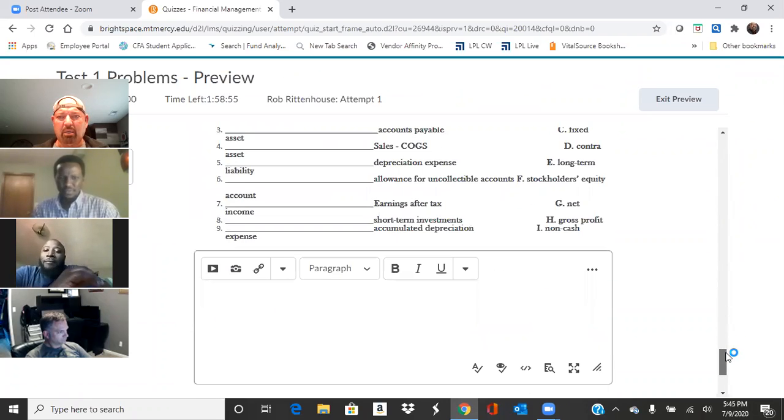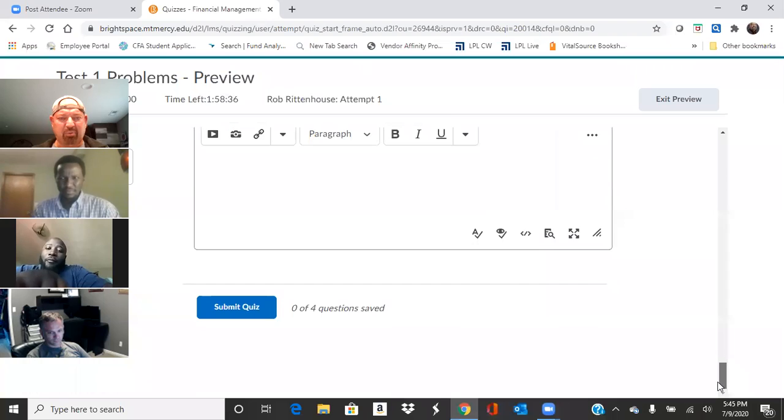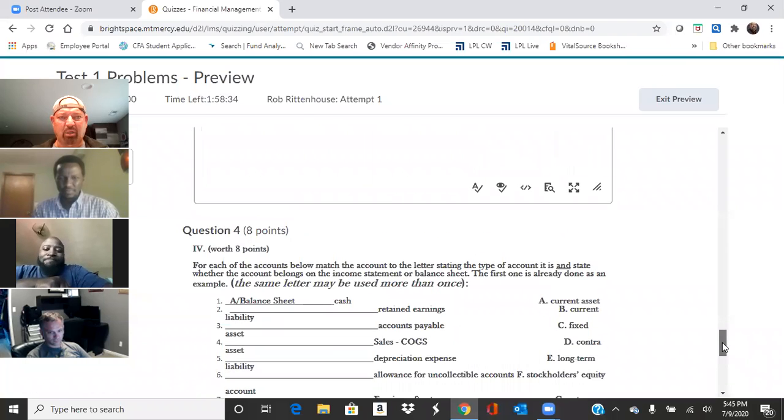And then this one did not line up. Well, I guess it lines up okay. Except, no, problem 4 didn't line up very well either.